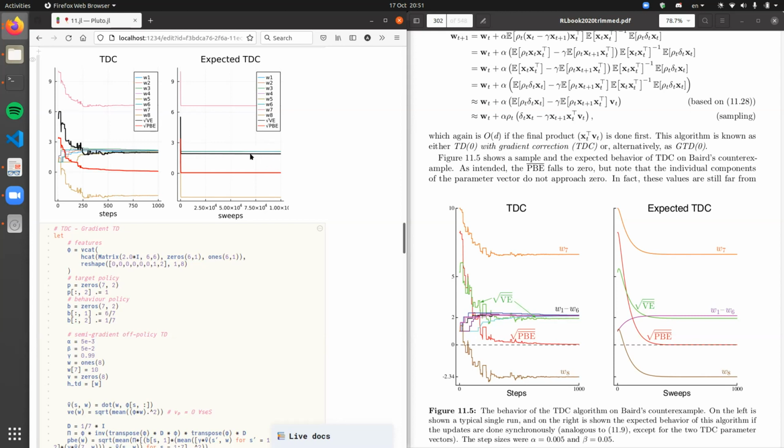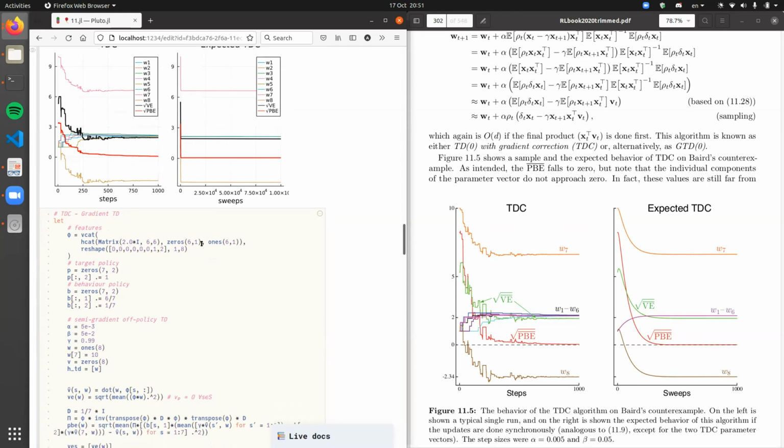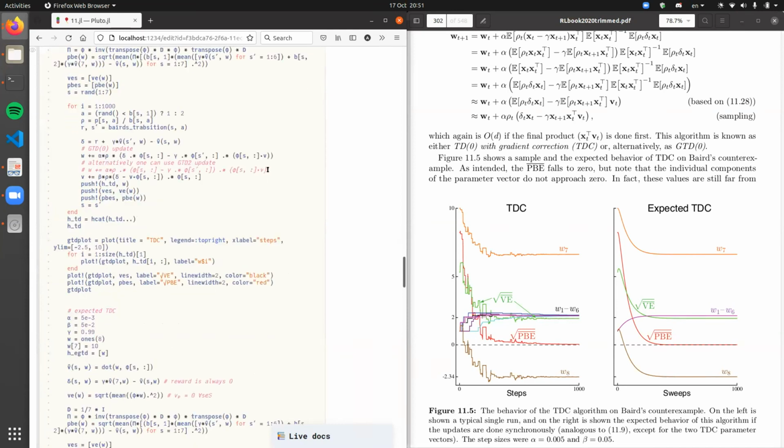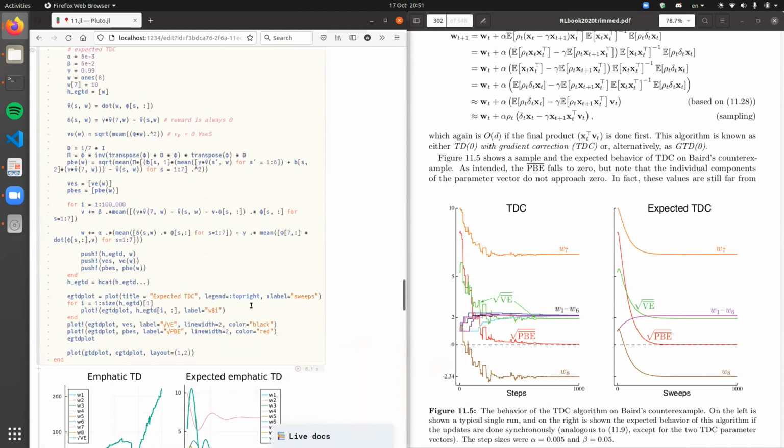They say it converges, and if you look really closely, you can see that these are not straight lines. These are still changing a tiny bit, but that's not what you would call a great convergence in this case.